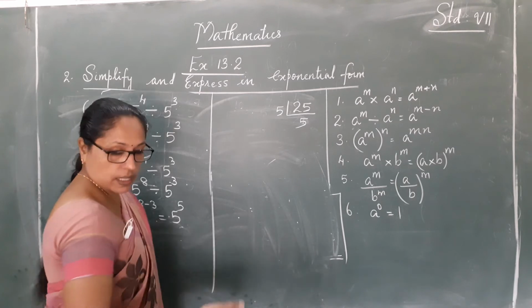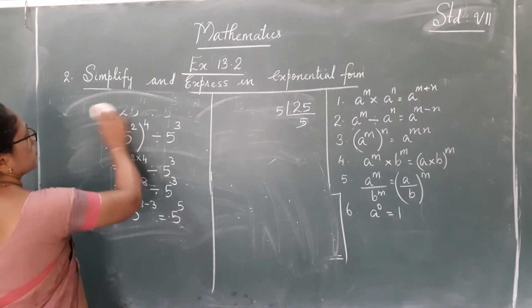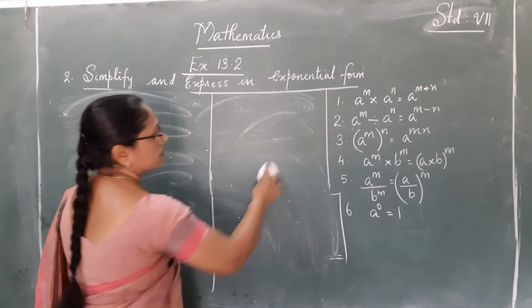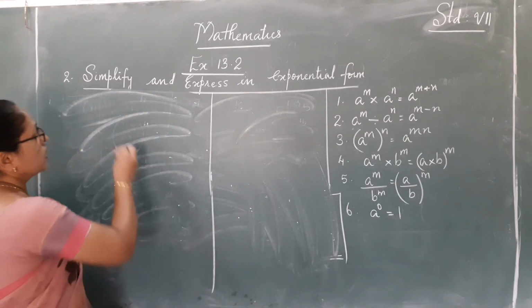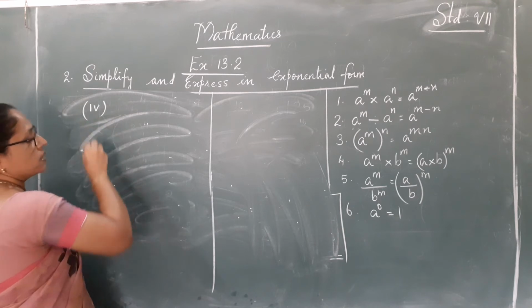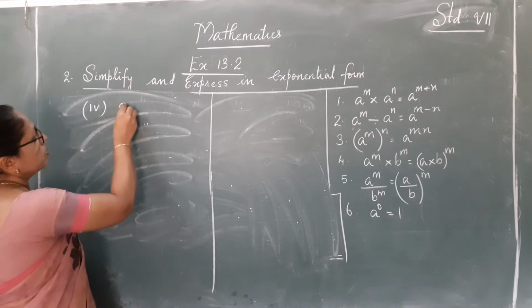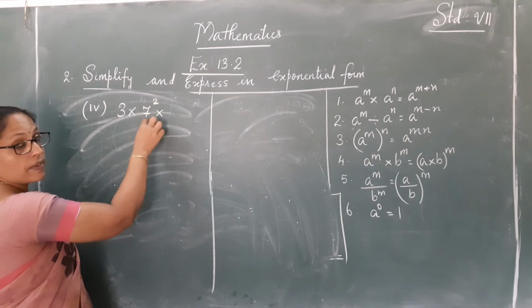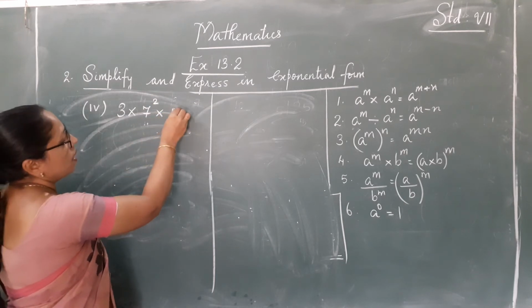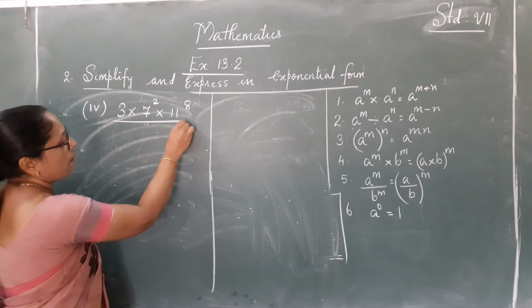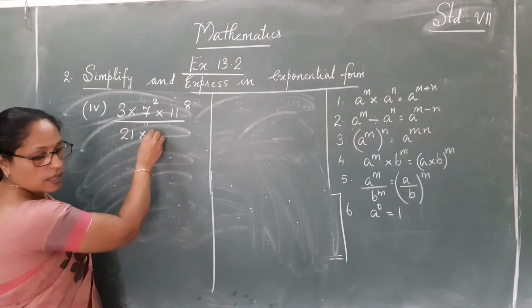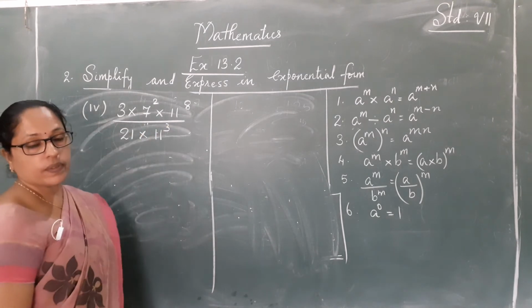Now fourth question. Fourth question, fourth part. 3 into 7 square into 7 raised to 2 into 11 raised to 8 by 21 into 11 raised to 3.